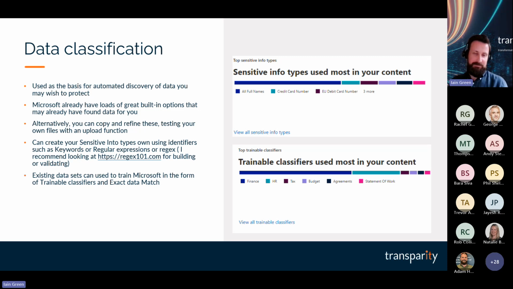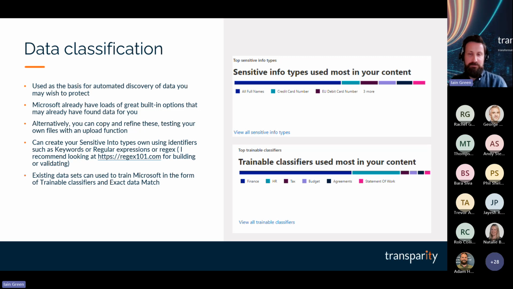So that's another reason why I'd typically recommend that's where you'd start. And again, as they are built in, you may find that there's a number of these that have already been found across your organization. So again, if you've got access, I'd recommend having a look at the Content Explorer within your tenant, and you may find what it's found across your organization.